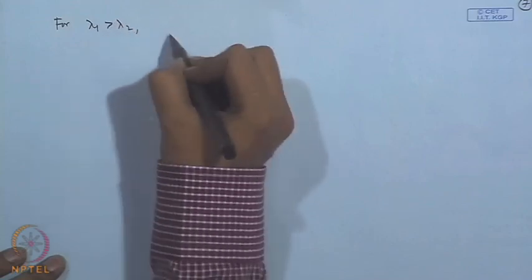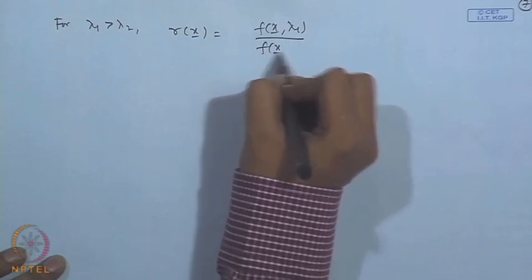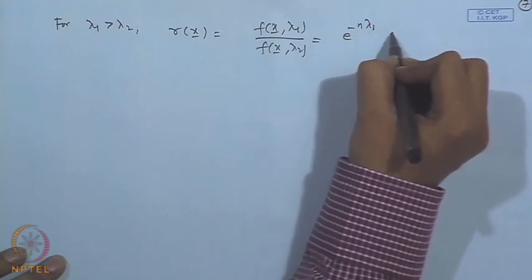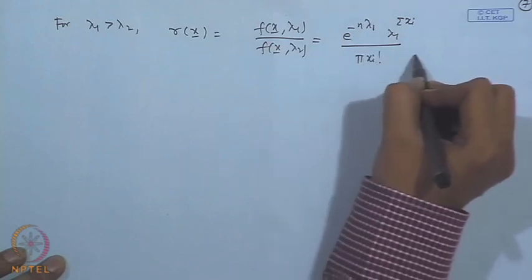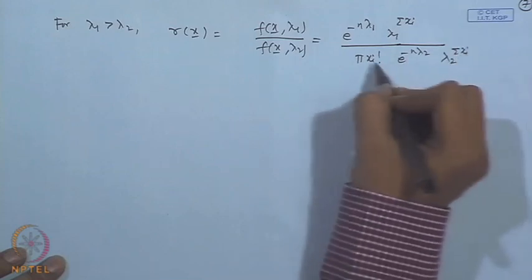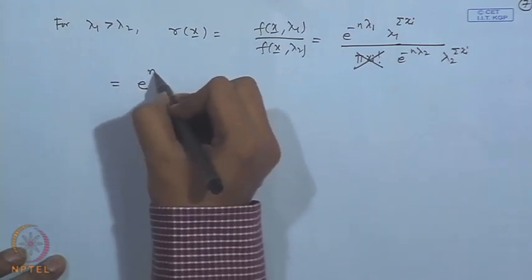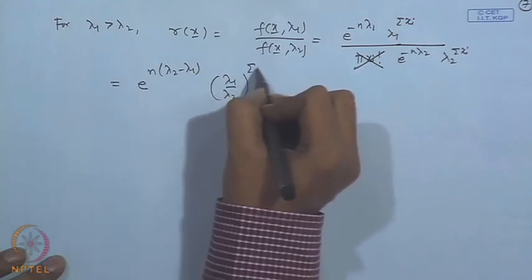So, if we consider the ratio for λ1 greater than λ2, let us consider f(x, λ1) by f(x, λ2). It becomes e^(−nλ1) λ1^(Σxi) divided by the product of xi!, divided by e^(−nλ2) λ2^(Σxi), and this term will get cancelled out. So, we can write it in a simplified fashion as e^(n(λ2 − λ1)) (λ1/λ2)^(Σxi).